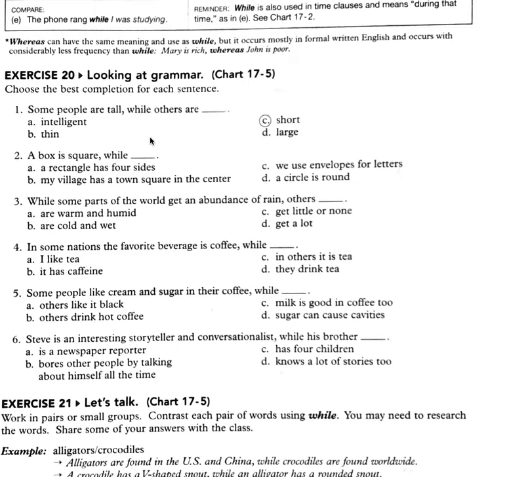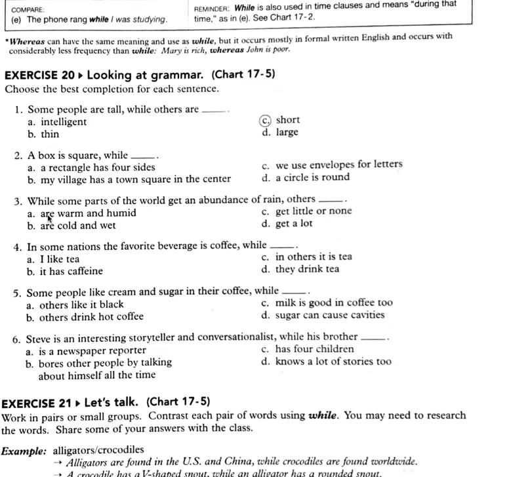What shows direct contrast from a square box? Letter D. A circle is round. See, you're comparing direct contrast, square and a circle.